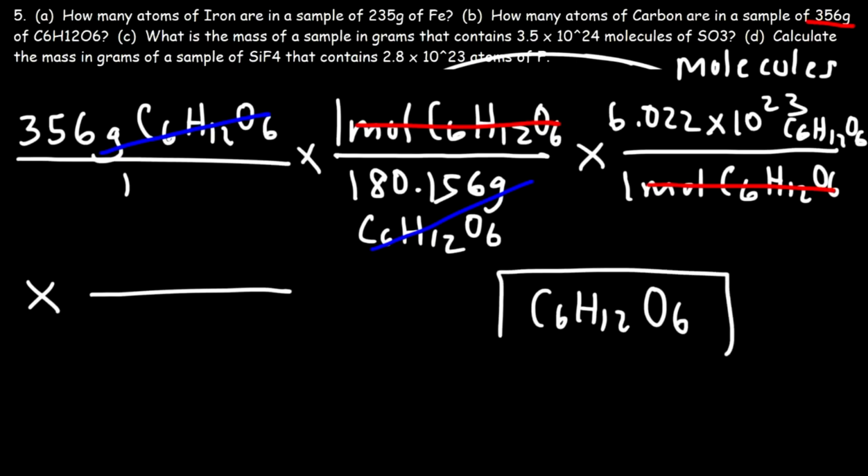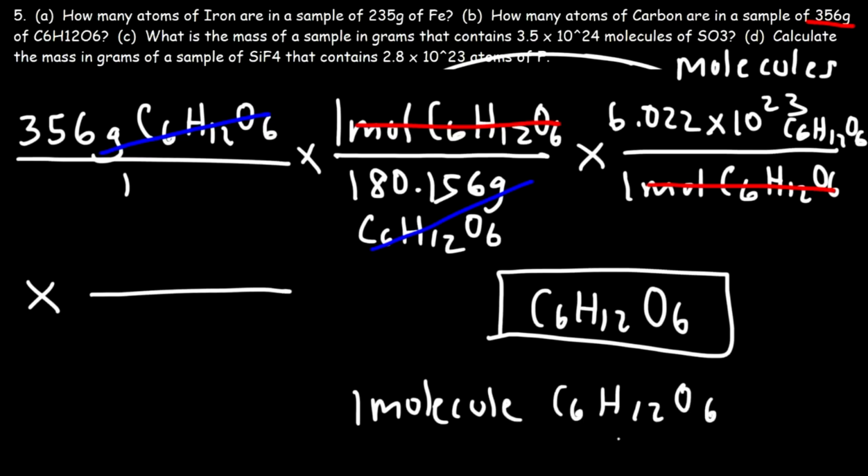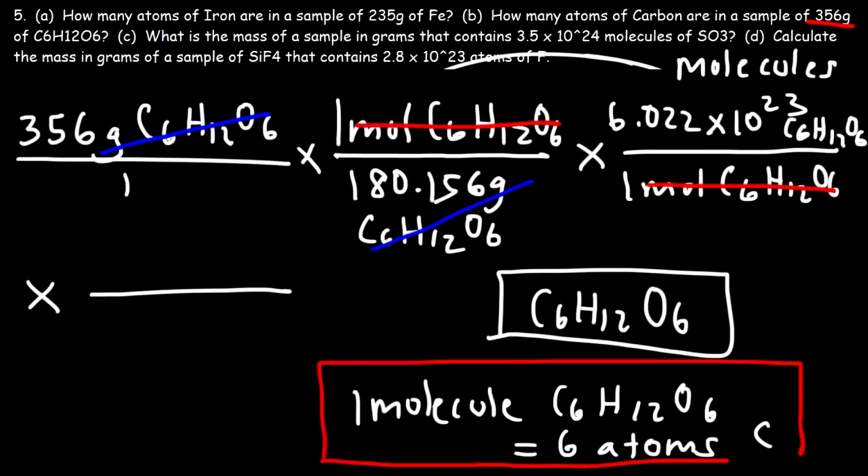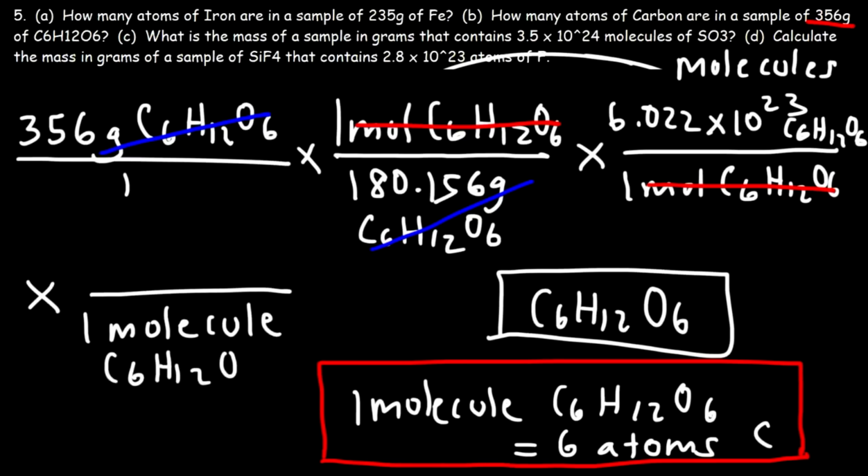So according to this formula, we could say that 1 molecule of glucose contains 6 atoms of carbon. Do you agree with that? So this is our conversion factor for the last step. Since we have molecules on the top, we need to put it on the bottom. So I could say that 1 molecule of glucose contains 6 atoms of carbon.